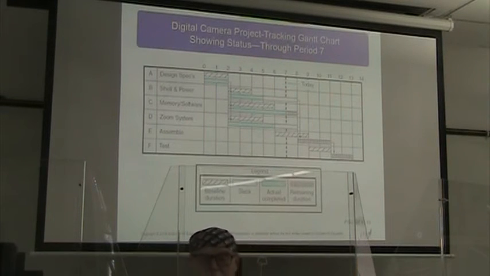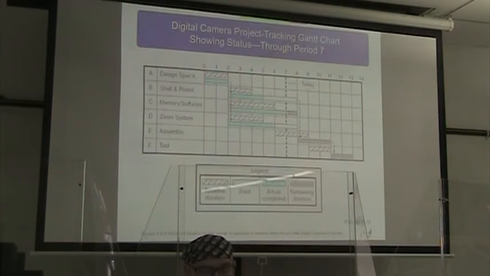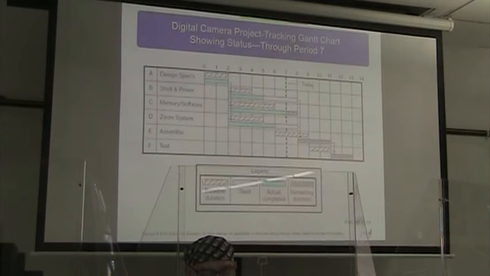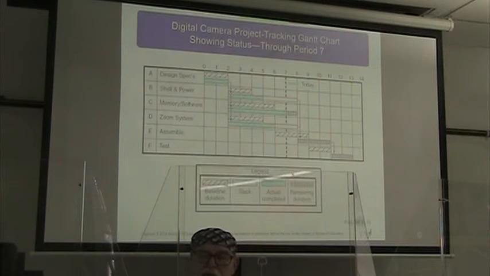All right, so here we're seeing what our Gantt chart looks like as we are progressing. Again, we are assuming that today we are at the end of period 7. So we got the design specs done, we got the shell and power done, although we seem to have gone over our scheduled time on that.